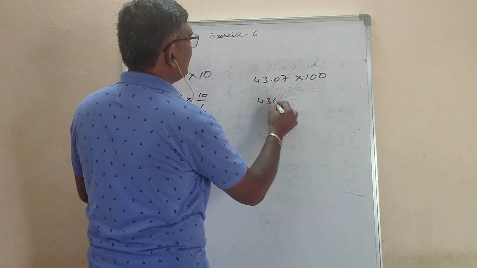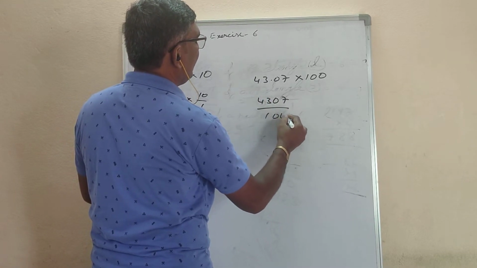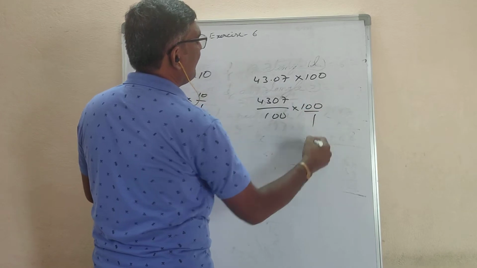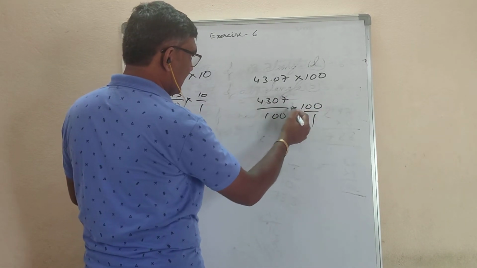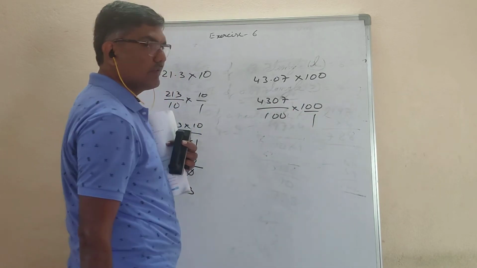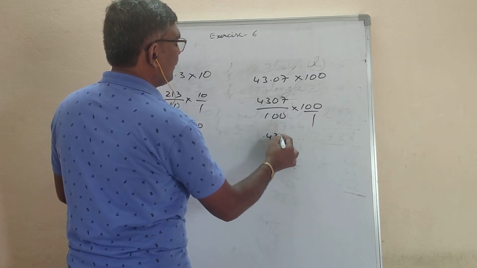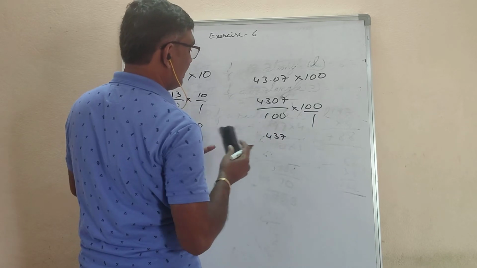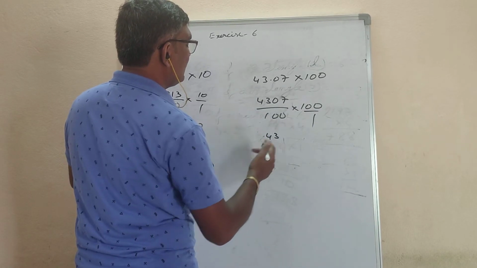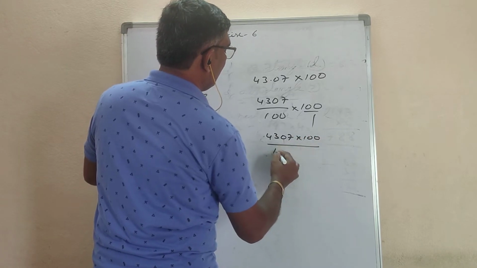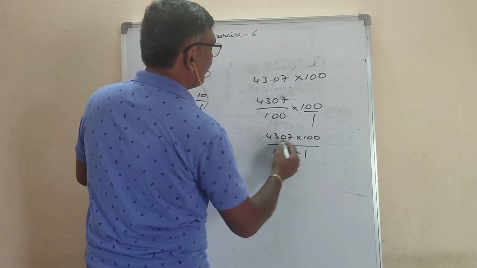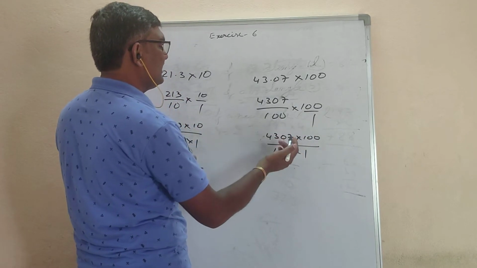So 4307 divided by 100 into 100 by 1. You can cancel this 100 and this 100 and write 4307. Otherwise, 4307 into 100 by 100 into 1.